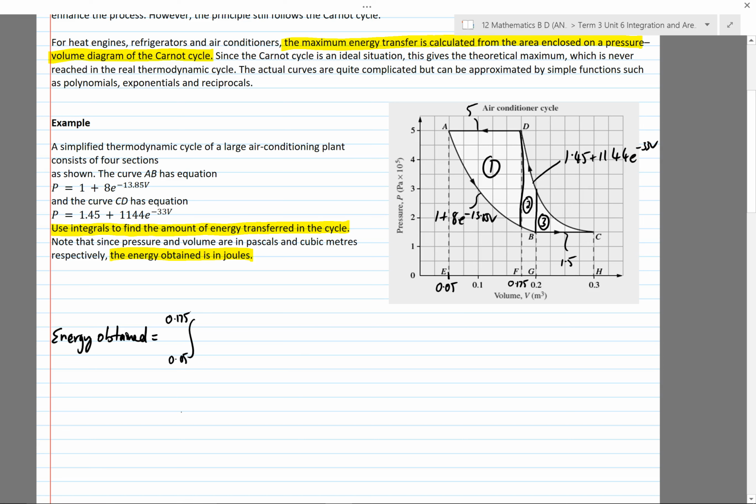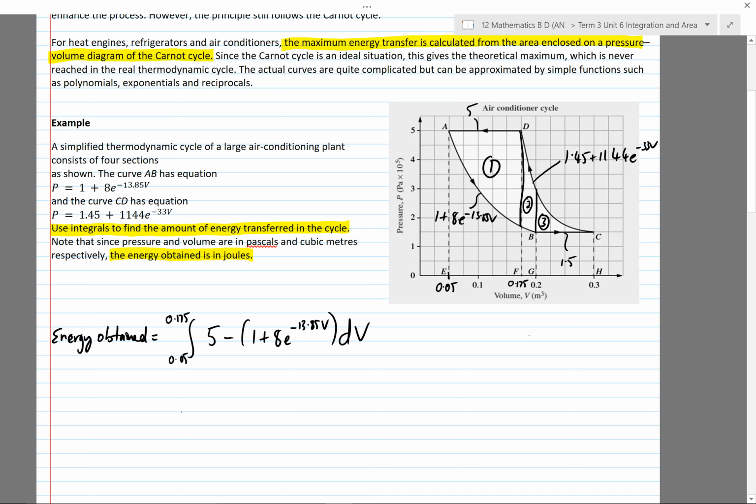My top function is 5, and my bottom function is 1 plus e to the power minus 13.85v. And that's with respect to v, because that's my variable on the bottom.